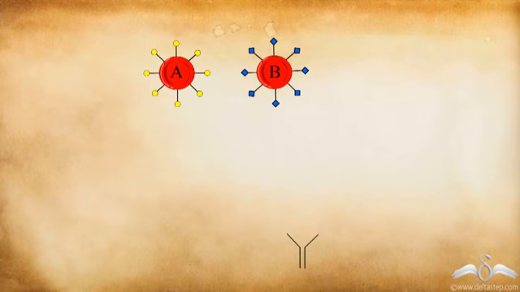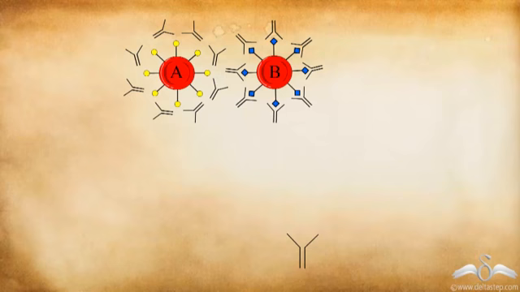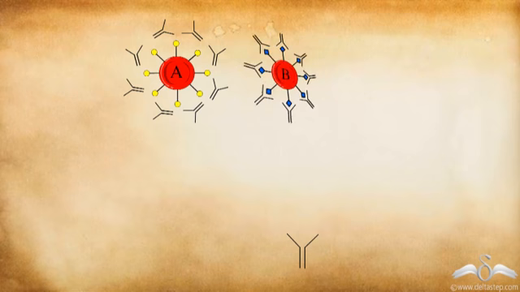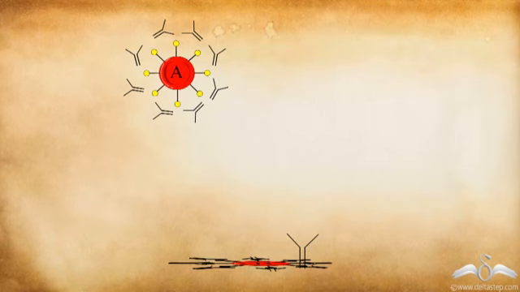Now see, if a person has a blood group A, it means that he will have antibodies against blood group B in his body. So this antibody, which is anti-B antibodies, will not react with the blood group A, but it will react if this person is getting a blood transfusion from a man carrying a blood group B. Because these anti-B antibodies will react with the B blood and cause agglutination.